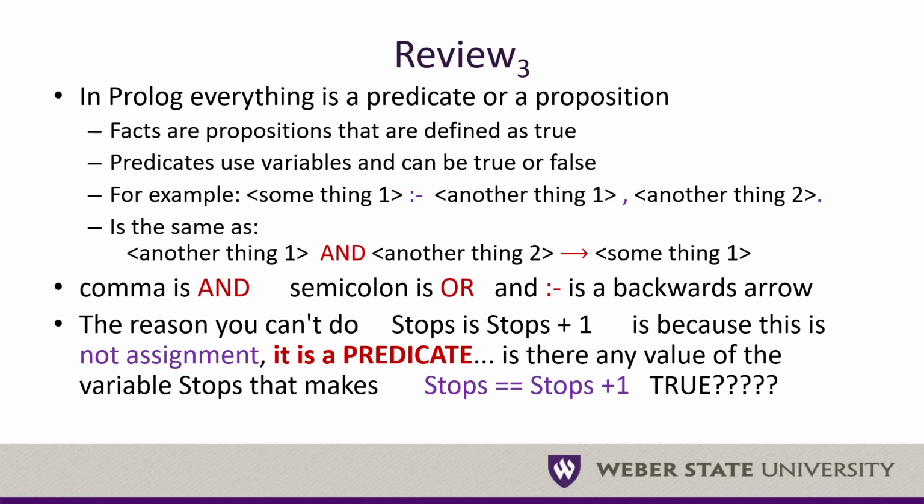Because the only way that we can do this is to have a name here that's different than this one, and that gives us the opportunity to have it be true. So it'll try and plug in values that will make it true. So our recursion stops. There is no value of stops where stops plus one is equal to true. Stops is equal to stops plus one, which is really what that statement is saying.